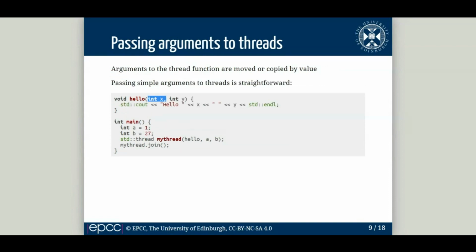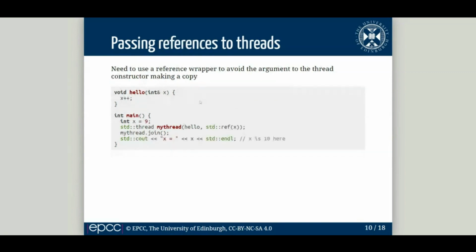Here, when we use int x, int y, we pass these arguments by value. If you want to pass a reference instead, because you want to modify x, imagine that you want to open a file or connect to a database, and you do a calculation and you get this x here, then you send a reference to x, and in that case you can modify x.